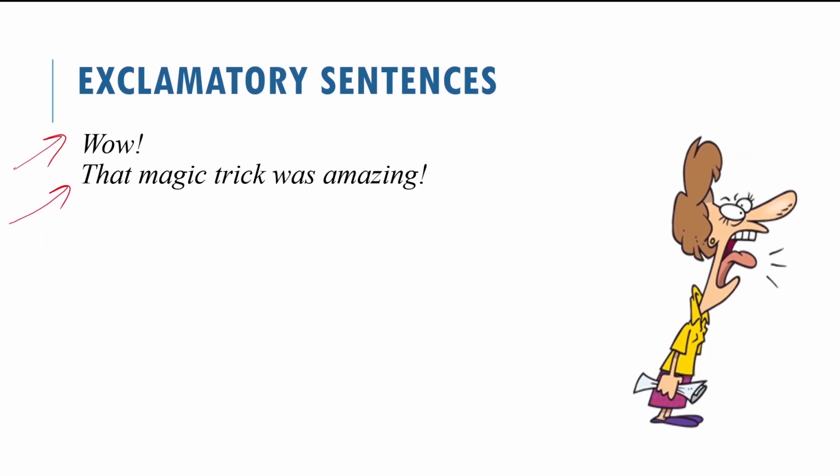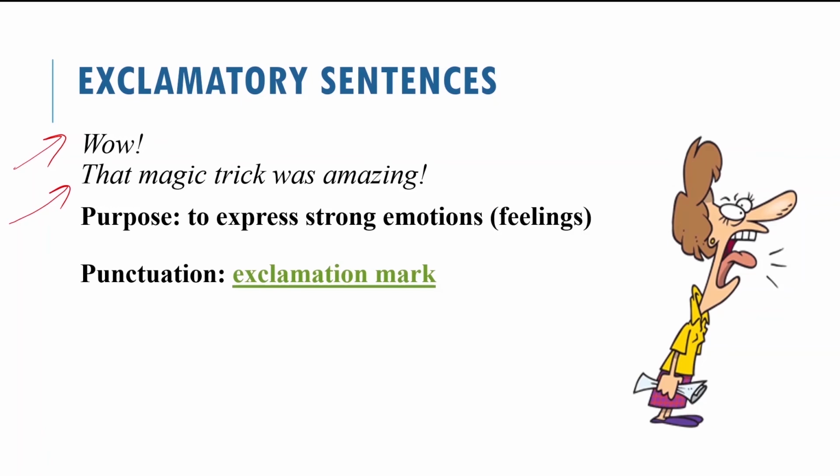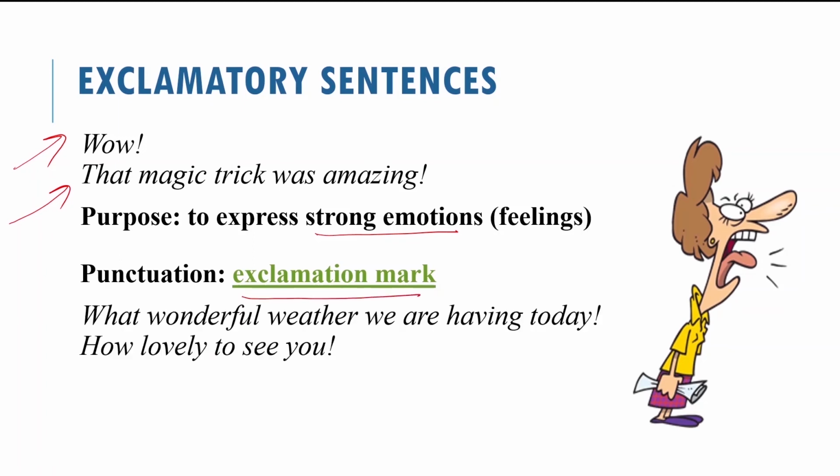These sentences are used to express strong emotions or feelings, happiness, sadness, surprise, and we use exclamation mark at the end of exclamatory sentences. What wonderful weather we are having today! How lovely to see you!